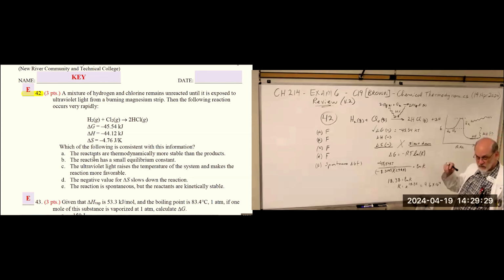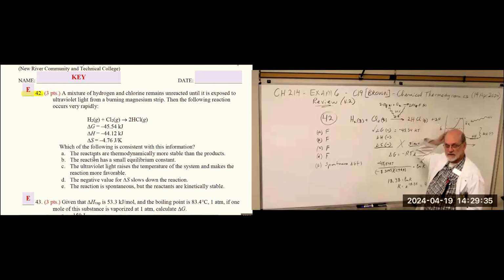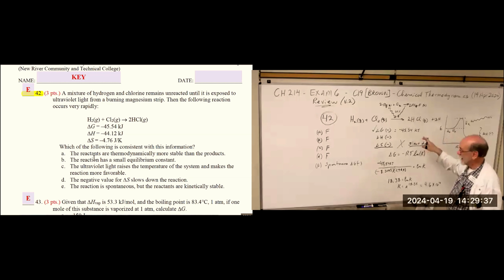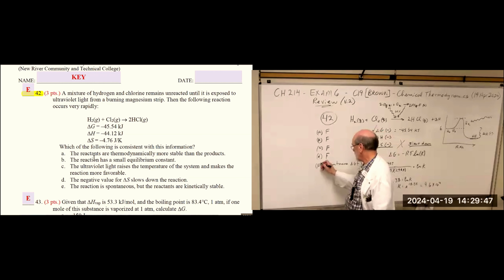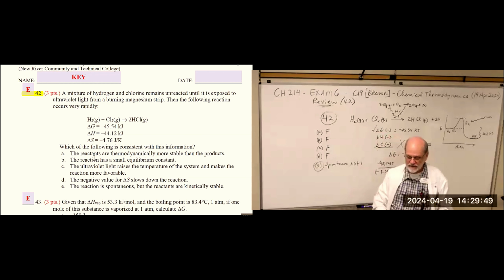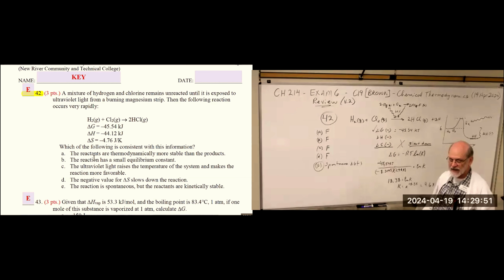So the reaction may be thermodynamically favored, but it's not going anywhere until you get activation energy. So the kinetics say that it's stable. You have to add this much activation energy to get it going. So E is your best answer. I mean, we went around the barn 3 or 4 times to get that answer, but that's it.